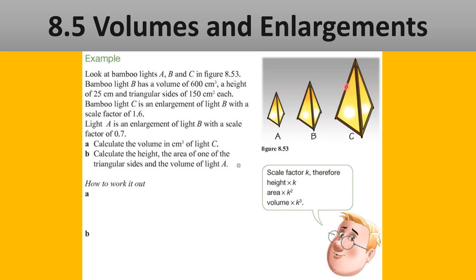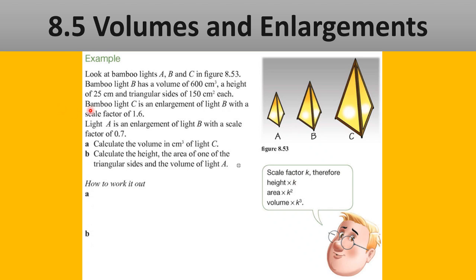So this is an image of B and this is an image of B. Calculate the volume in cubic centimeters of light C. Well, remember, they're talking about volumes. If we're talking about volumes, we're talking about k to the 3rd power. If I know what k to the 3rd power is, and I do it times the original volume, then I find the new volume.